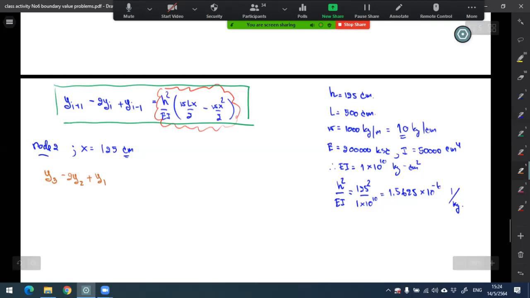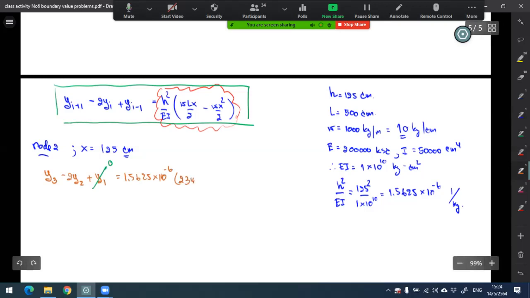Okay, but from the boundary condition, we know that y1 equals 0. And it becomes 1.5625 times 10 minus 6. Okay, multiply with this value. You may recheck by yourself.